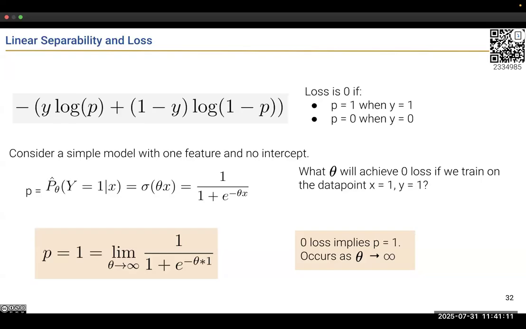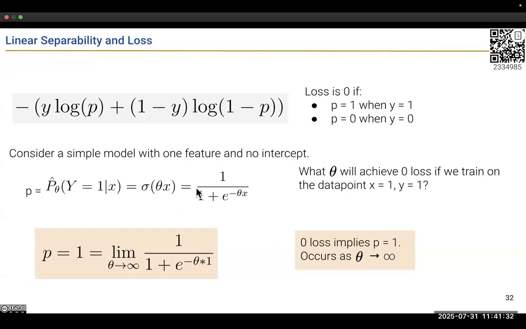When y is 1, when can we achieve zero cross entropy loss? That's when we predict a probability of 1. So we want a predicted probability of 1.